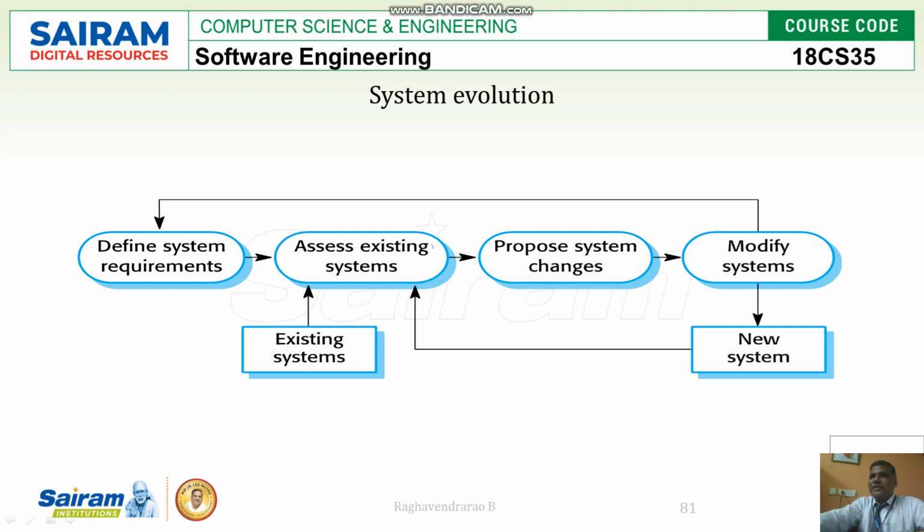Then modified requirements go to define the system requirements, new things that you want to implement, or in the existing system only that you want to change. So new requirements means again you should go to the requirement stage, but for changing only the existing system, the existing systems are going to be present, and for that again propose the system changes, then again modify the system, and you will get the new system.